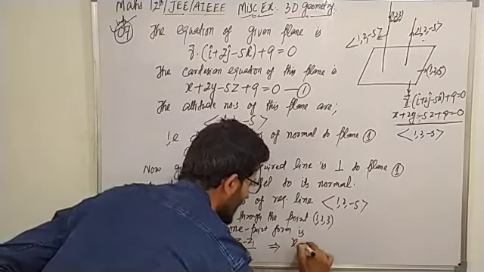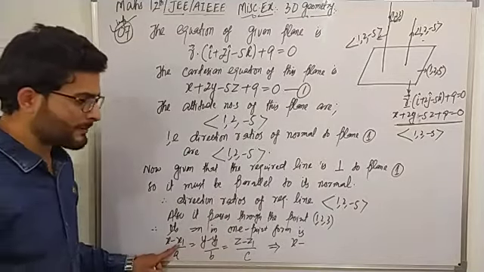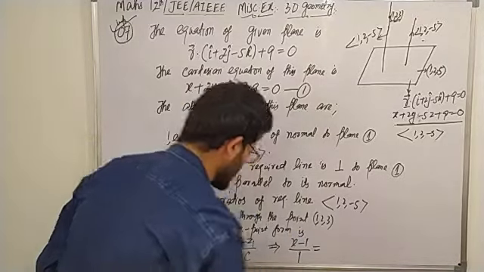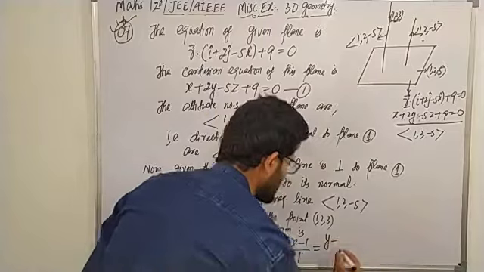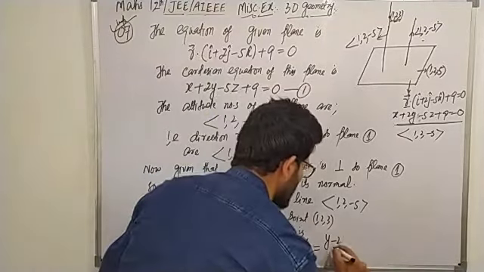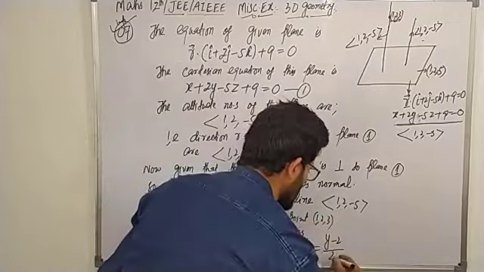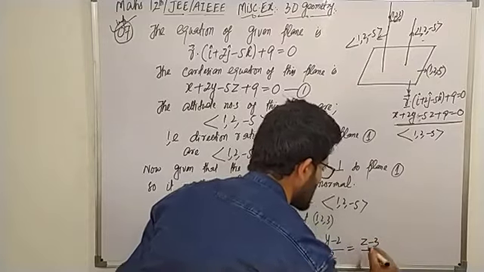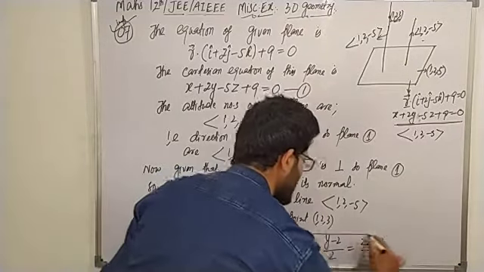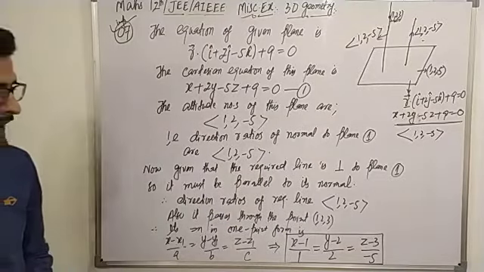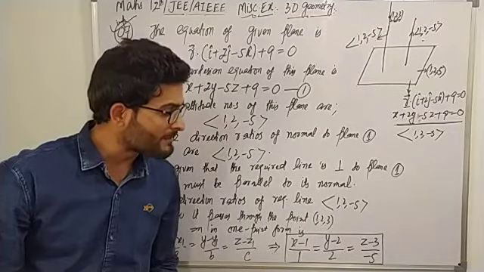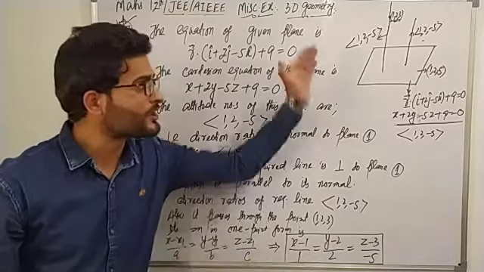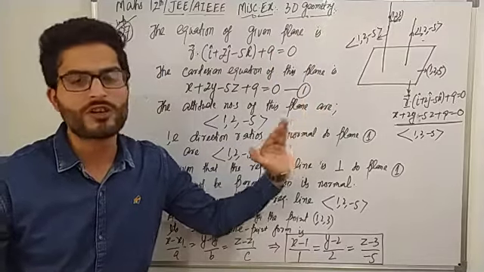Here x1 is the x coordinate of the point through which it passes, that is 1, divided by a, the first direction ratio, that is again 1, and that's equal to y minus 2 divided by the second direction ratio, that is again 2, equal to z minus 3 divided by the third direction ratio, that is minus 5. So (x minus 1)/1 = (y minus 2)/2 = (z minus 3)/(minus 5) would be the required Cartesian equation of the line.